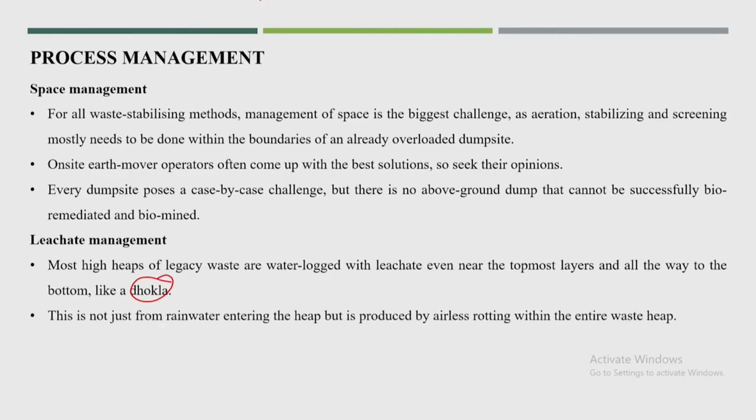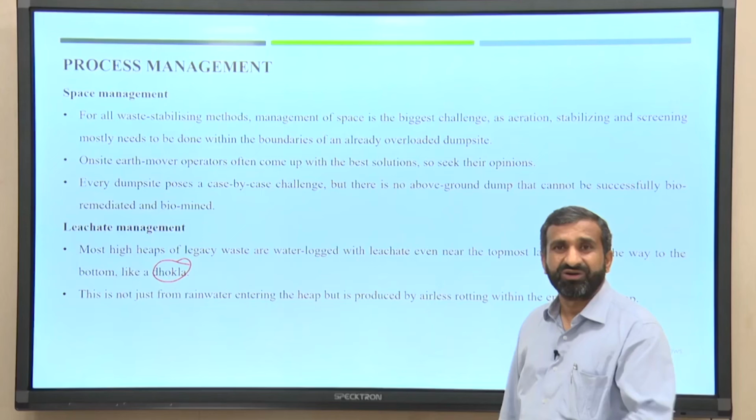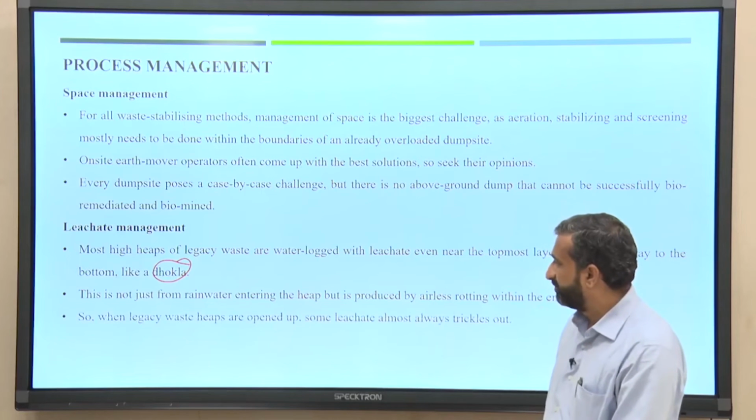This is not just from rainwater entering the heap, but it is produced by airless rotting within the entire waste heap, because the degradation will always be there. Because of that, water is also produced.